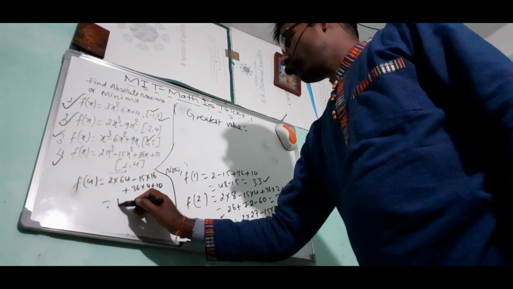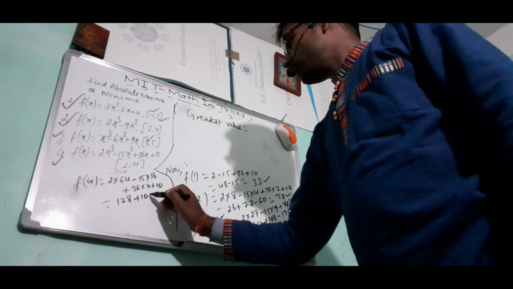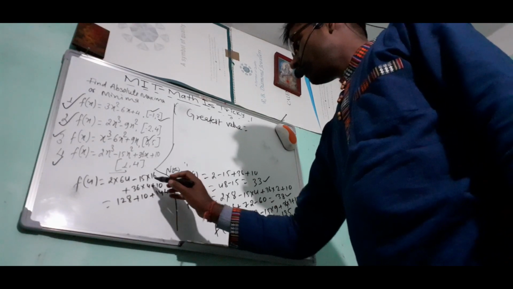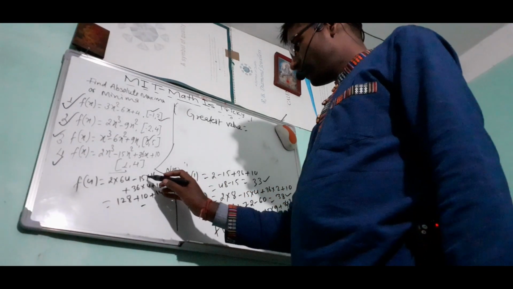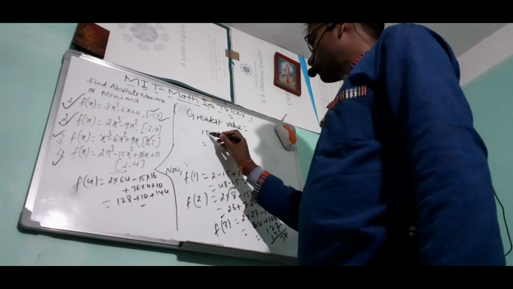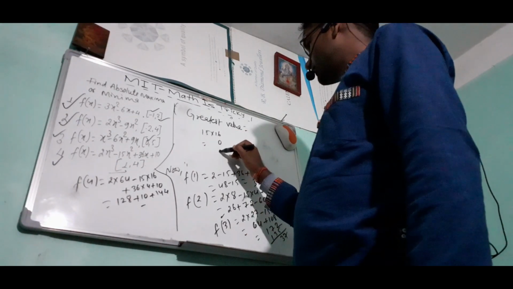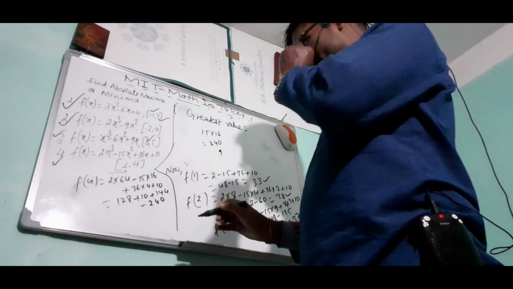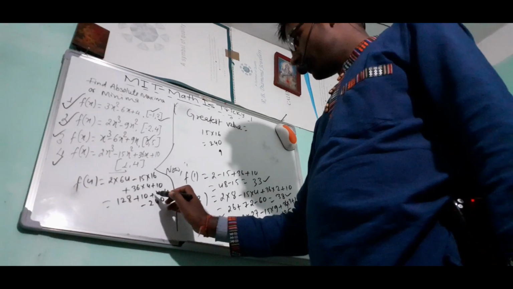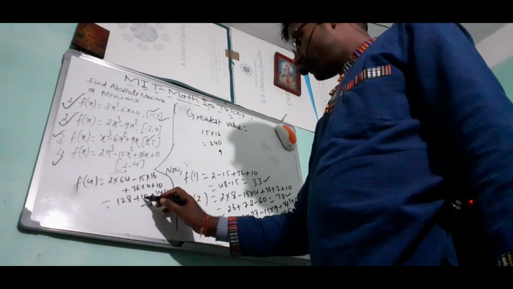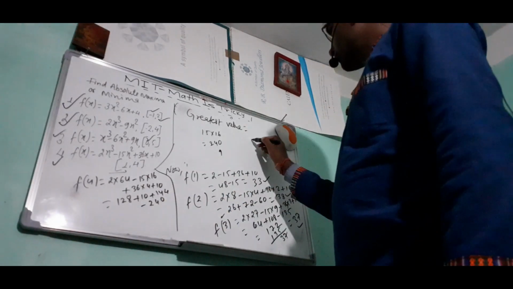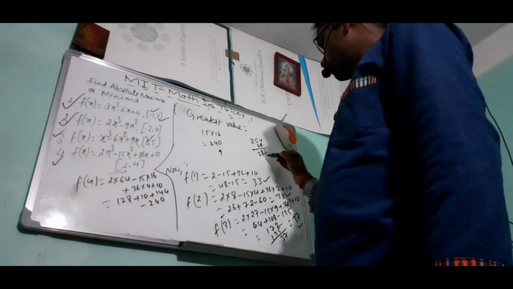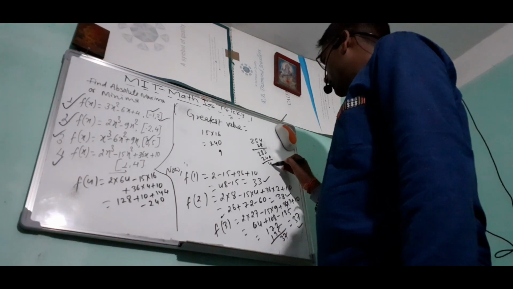So 128 plus 10 plus 144 is 282, and if you subtract 240, it will be 42.